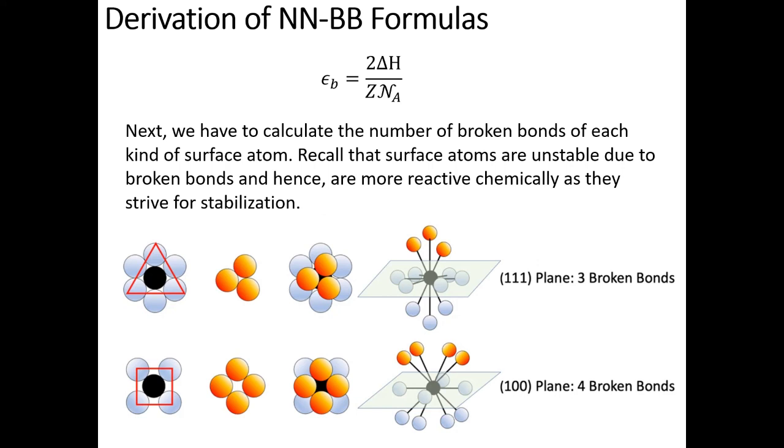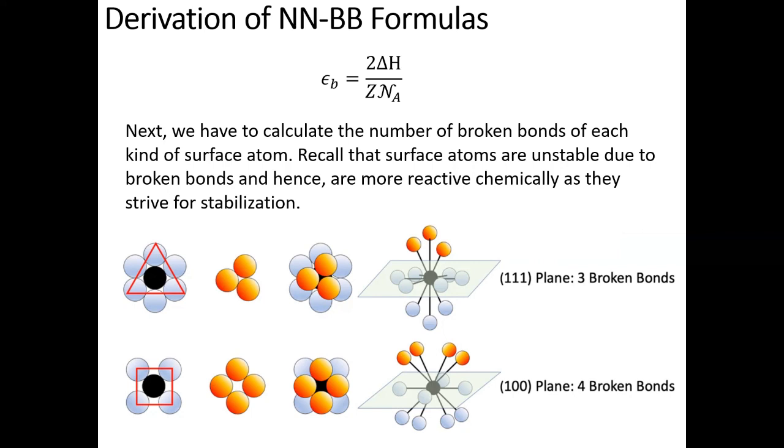Next, we have to calculate the number of broken bonds of each kind of surface atom. Surface atoms are unstable due to broken bonds and hence are more reactive chemically. So you look at the 1-1-1 face as we did earlier. You can see there are 3 on the top and 3 on the bottom. Everyone, I think, understands that clearly. So the 1-1-1 plane has 3 broken bonds. For the 1-0-0 plane, it's the face-centered plane, a parallel plane on each side.